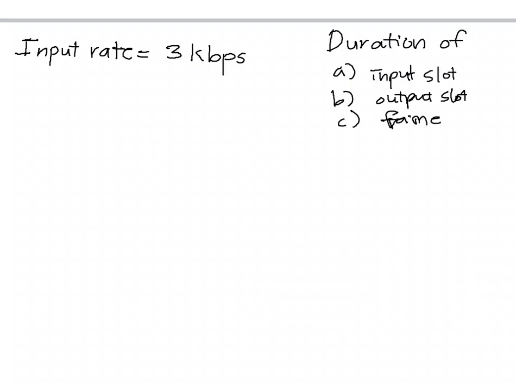Okay, so for A, input duration. So recall back the formula that we learned in chapter 3. Bit rate equal to 1 over bit duration. So bit duration equal to 1 over bit rate. So we can apply the same formula. Input duration equal to 1 over input rate.